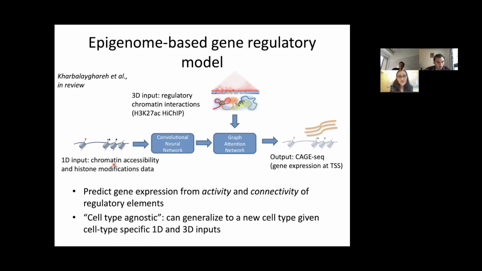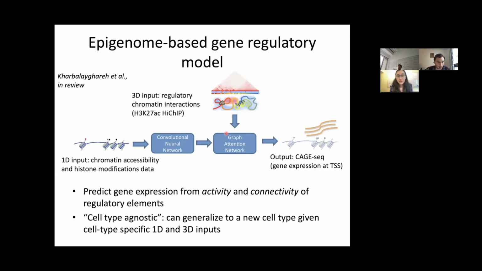So the epigenomic version, we're just taking a minimal set of 1D epigenomic data, so chromatin accessibility like DNase or ATAC, and a few histone marks. We pass this through a few convolutional layers to learn local features from the chromatin marks.